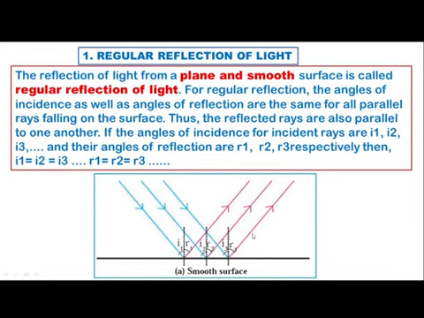These three are rays of reflection. First, second and third, these are normals. These are angles of incidence I1, I2 and I3. These are angles of reflection R1, R2 and R3. Smooth surface.